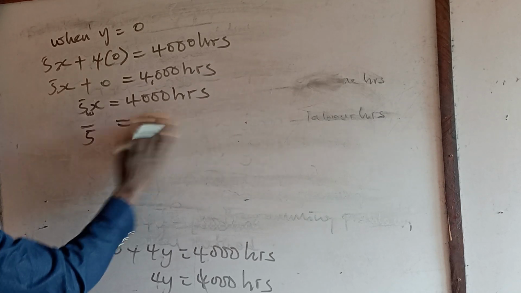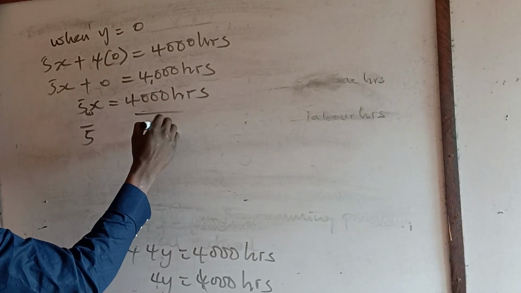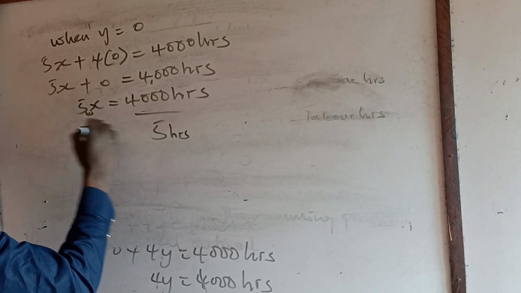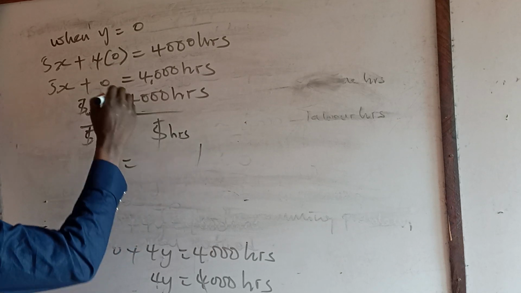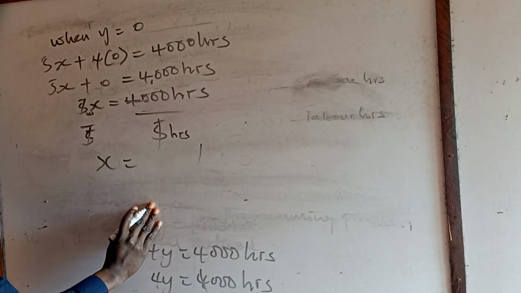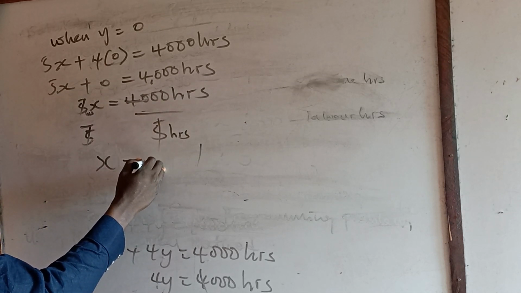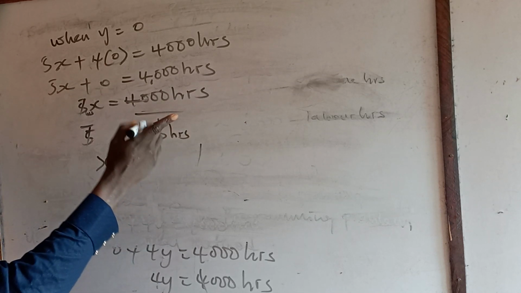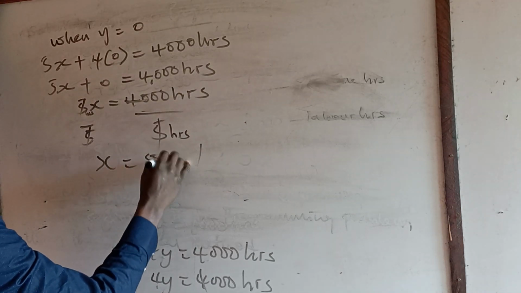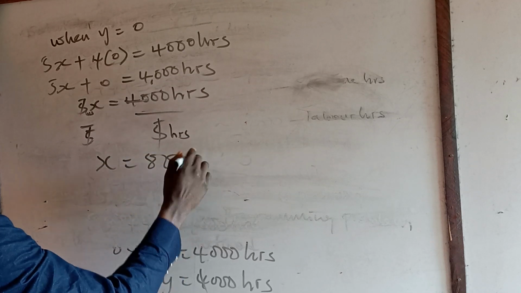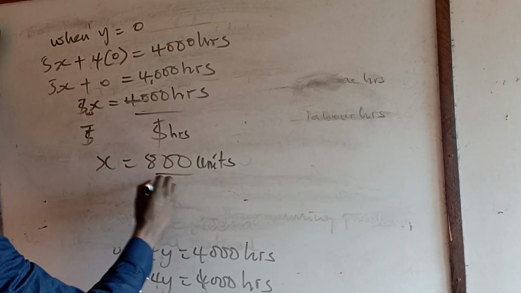So we have x equals 4,000 divided by 5. 5 into 40 gives 8, so that will give us 800 units. x equals 800 units.